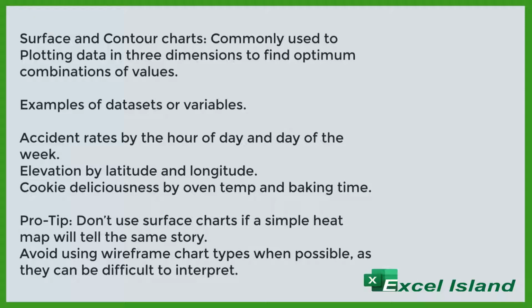Examples of data sets or variables you can use for this chart type are accident rates by the hour of the day and day of the week, elevation by latitude and longitude, or cookie deliciousness by oven temperature and baking time. Our pro tip is don't use a surface chart if a simple heat map will tell the same story, and also avoid using the wireframe chart type when possible, as it can be difficult to interpret. So let's jump into Microsoft Excel and take a demo.